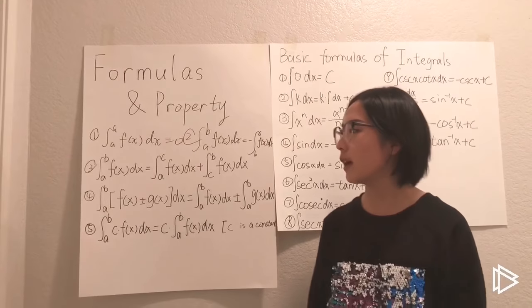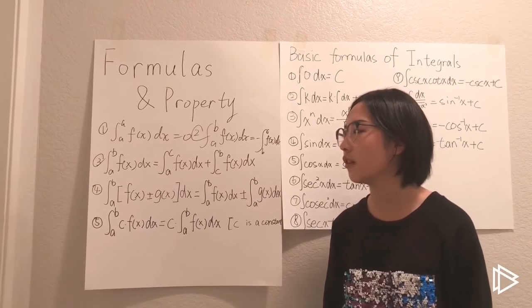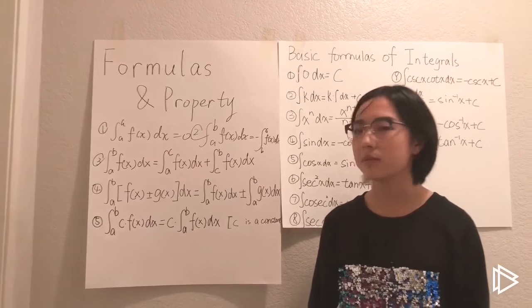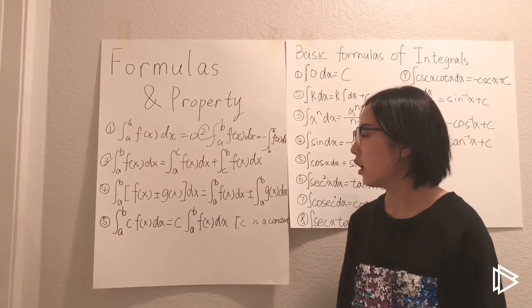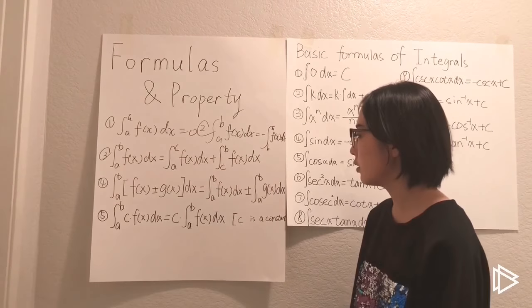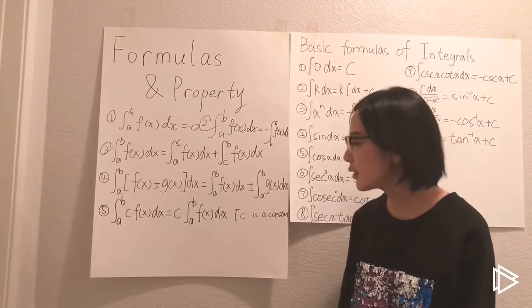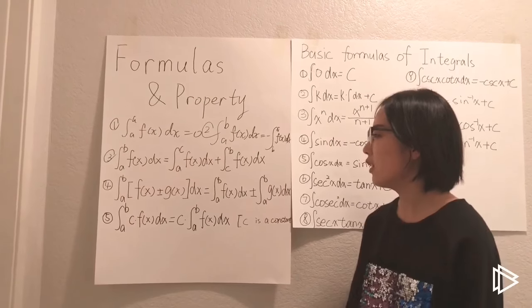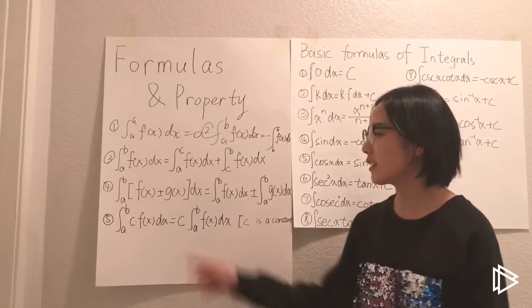And the fourth one is the integral from a to b of f(x) plus or minus g(x) dx equals the integral of f(x) dx from a to b plus or minus the integral of g(x) dx from a to b. We just split them into two parts.